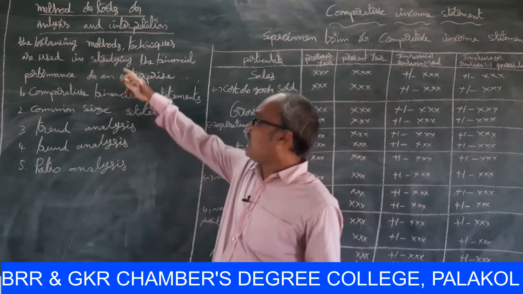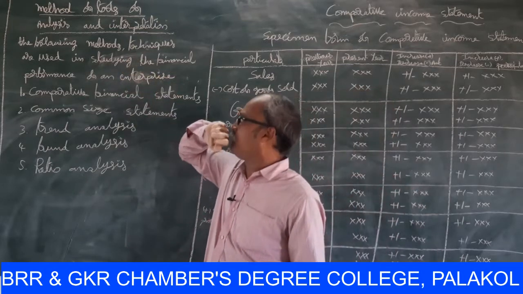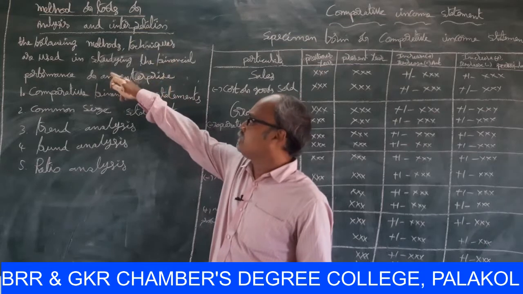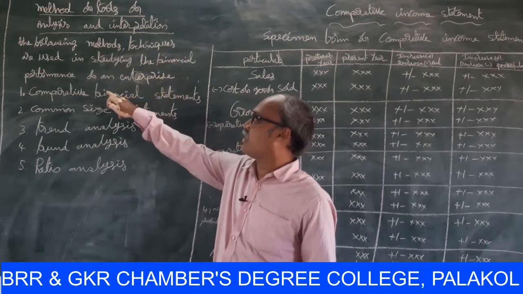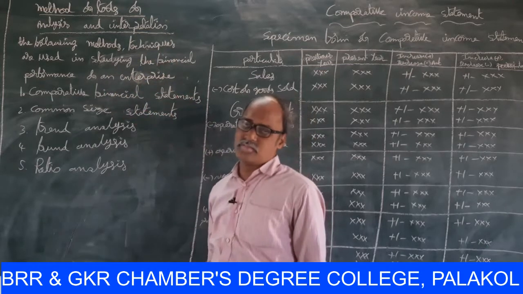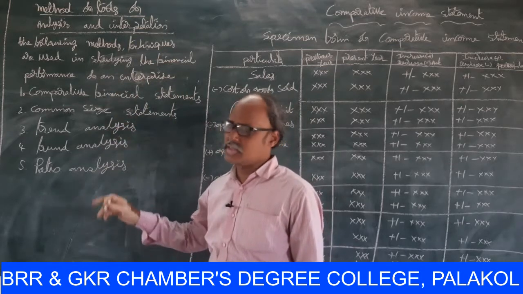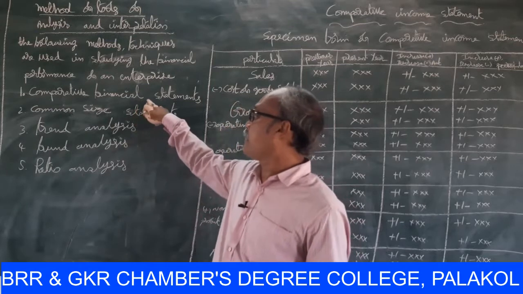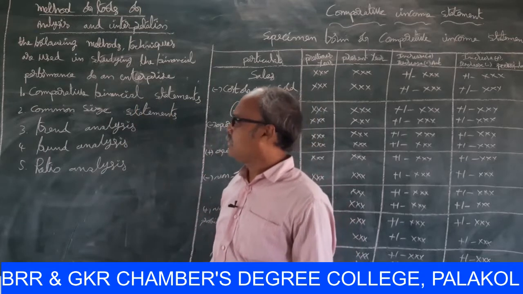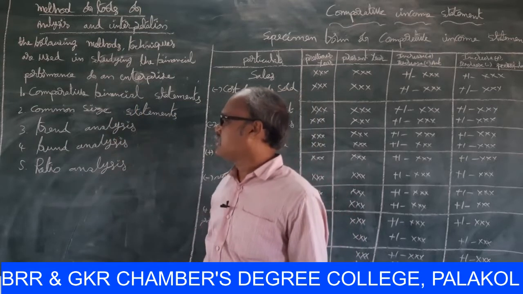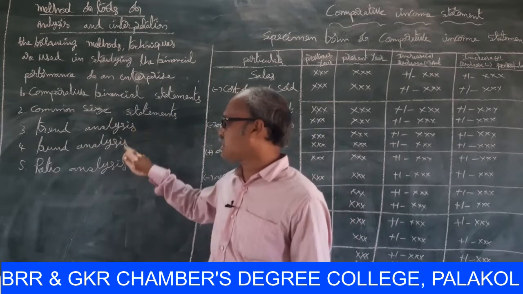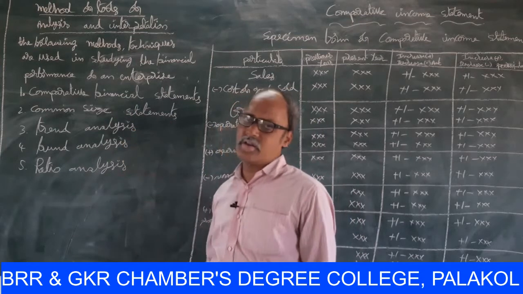So the following methods and techniques are used in studying the financial performance of an enterprise. There are 5 methods available: comparative financial statements, common size statements, trend analysis, funds analysis, and ratio analysis.